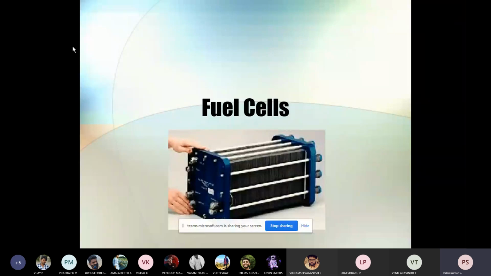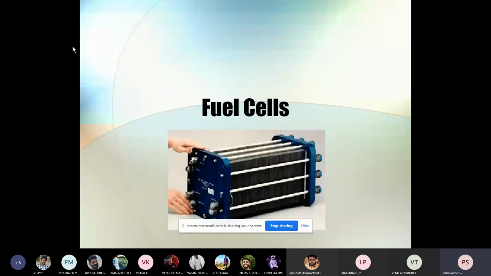It will be very silent. Once you keep providing the required amount of pure hydrogen, it will keep on producing a very high amount of electricity. As a result, only water is formed. There is nothing harmful in that.